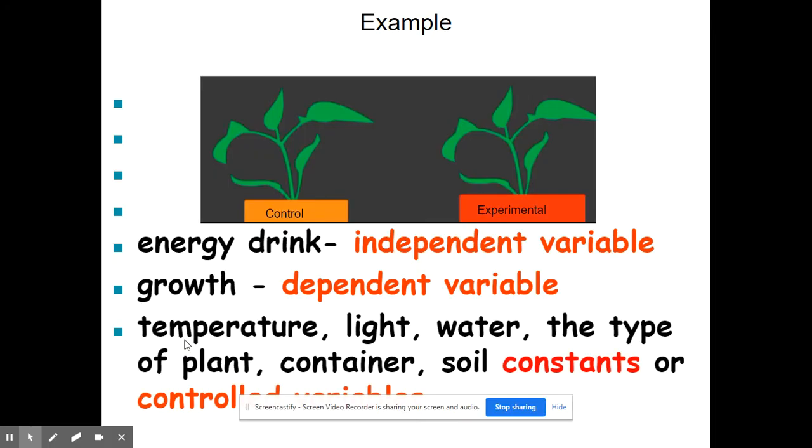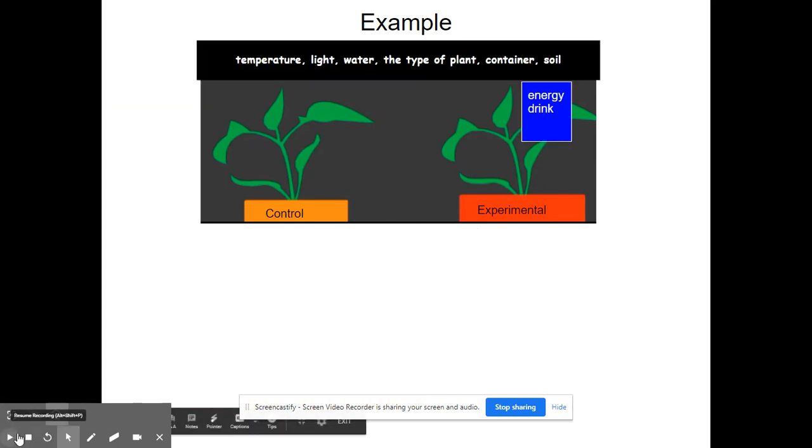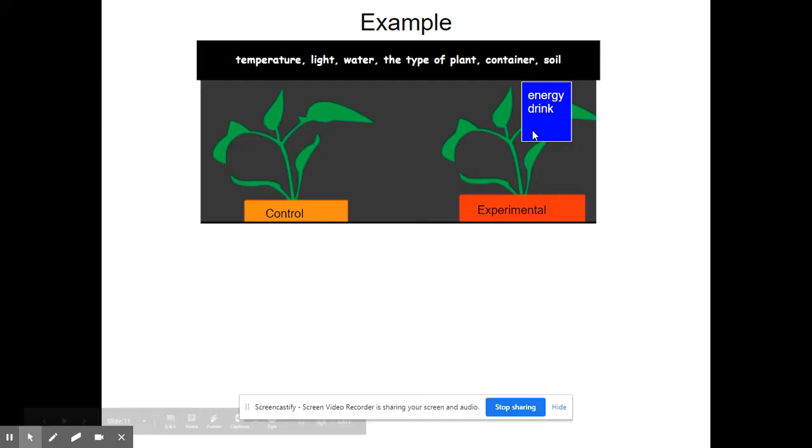And everything else about the plant, temperature, light, water, the type of plant, container, soil, will be called constants. And they're going to be the same in both plants. So we can see that the energy drink is only going to be added to the experimental setup. That's our independent variable. And our constants are controlled variables.